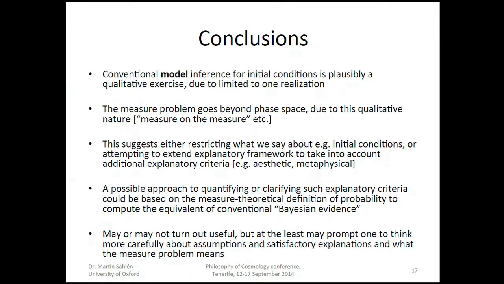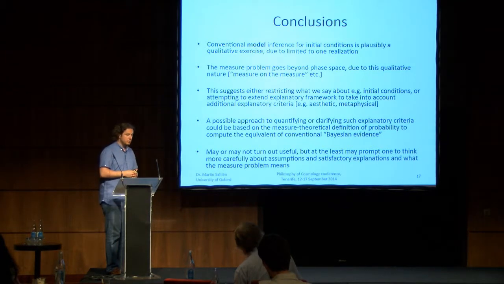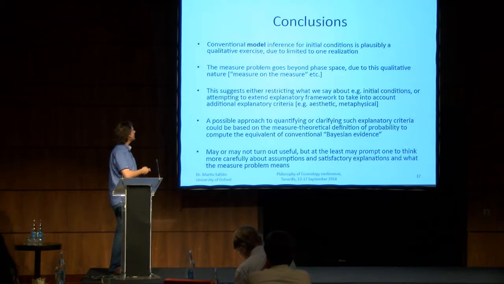That's the whole thing, right? And that the measure problem goes beyond phase space because of this qualitative property, and you in principle have the problem of measure on the measure on the measure, because we are limited in this information.